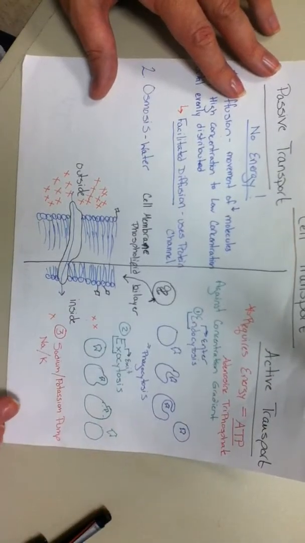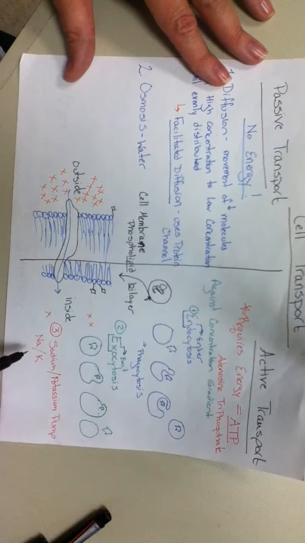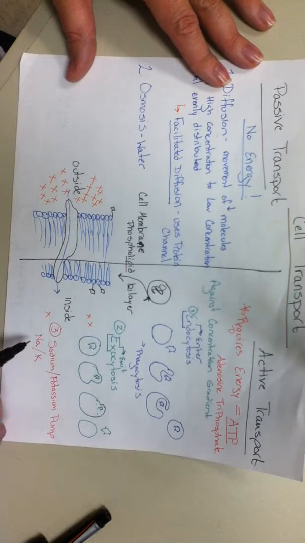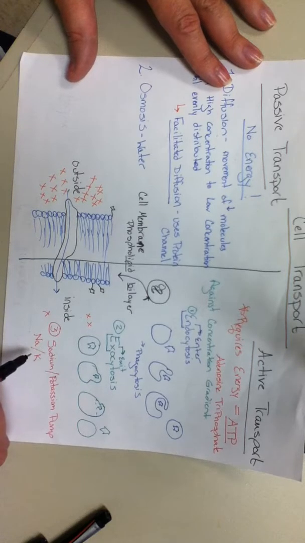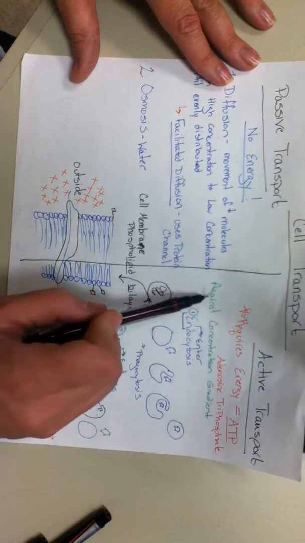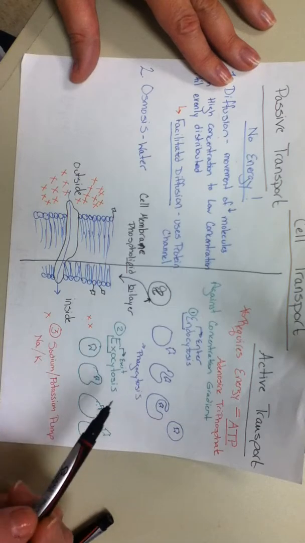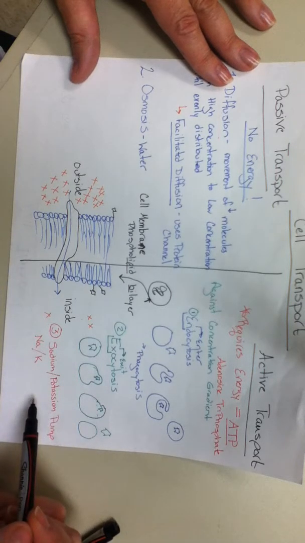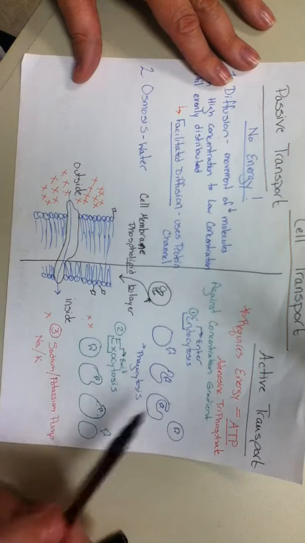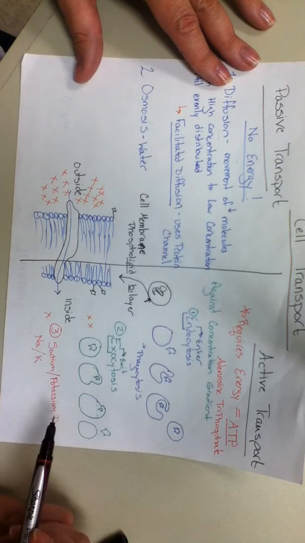This is the sodium potassium pump, and this is, as the name suggests, going to be moving sodium and potassium into or out of the cell against the concentration gradient. So that's the third type of active transport that does require energy from the cell.